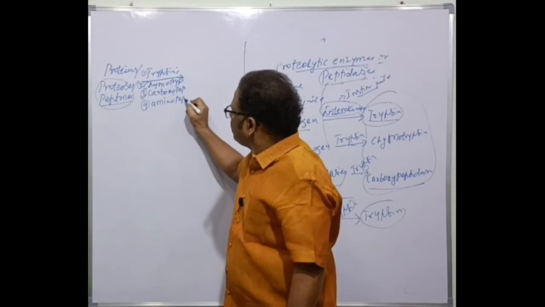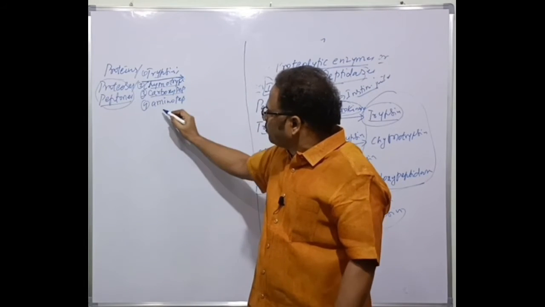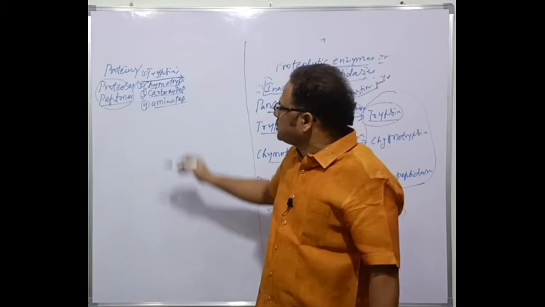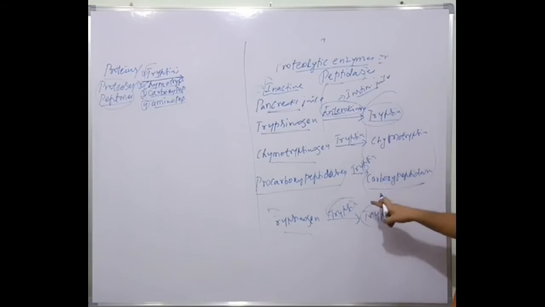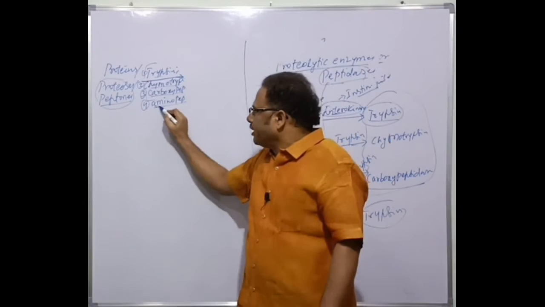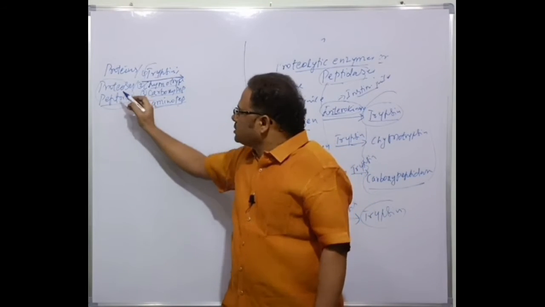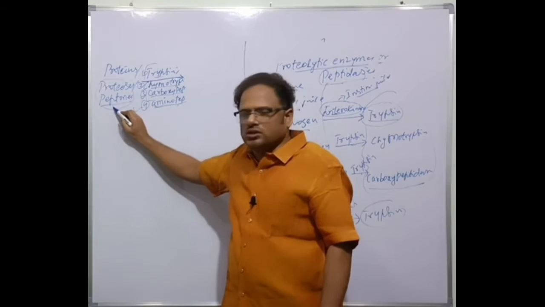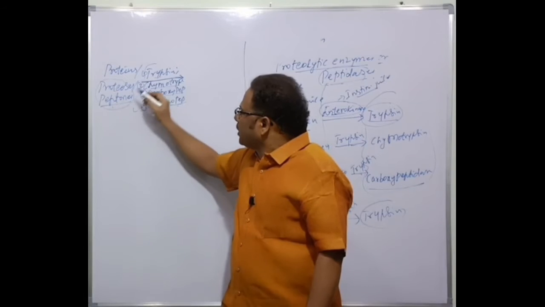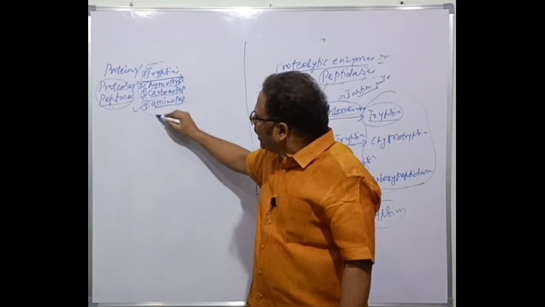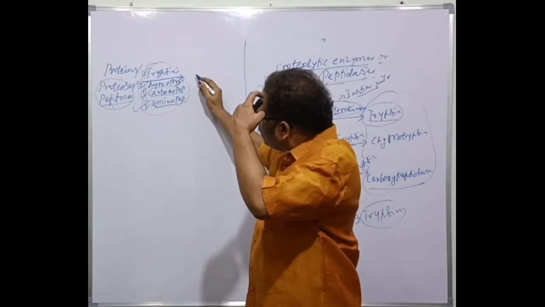Any one of these. Of these, the first three are present in the pancreatic juice, as I just told you, whereas the aminopeptidase is present in the intestinal juice. So the partially digested, incompletely digested food present in the duodenum is acted upon by any of the four enzymes. And they are broken down into which one?